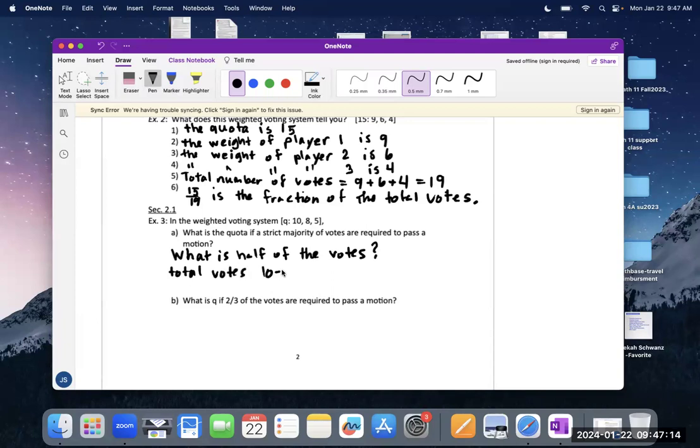That's 10 plus 8 plus 5, which is 23, and then half of 23. You can divide by 2 or you can multiply by 0.5. So I'm going to divide by 2. 23 divided by 2.